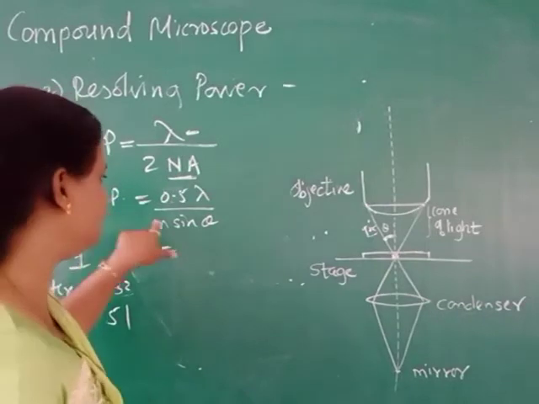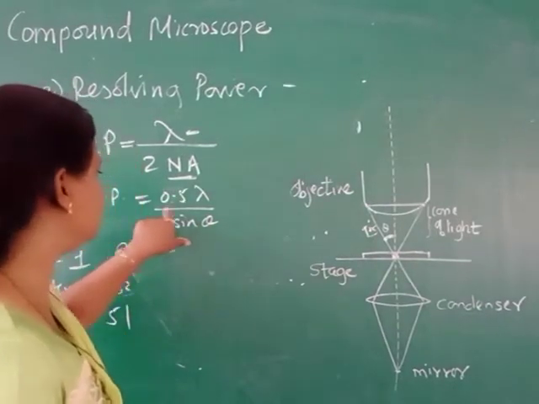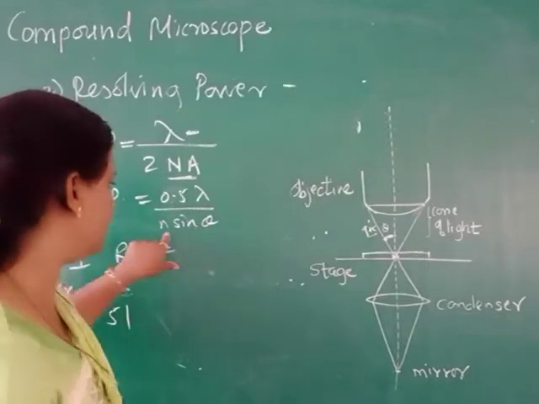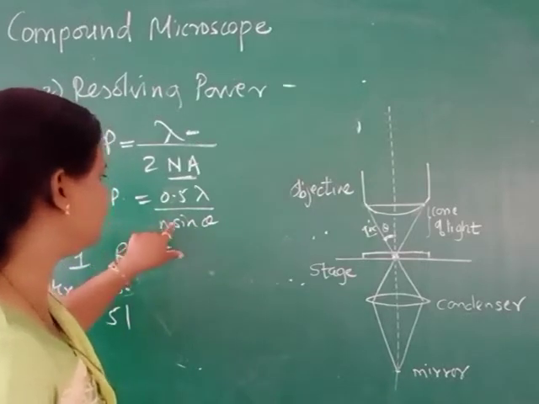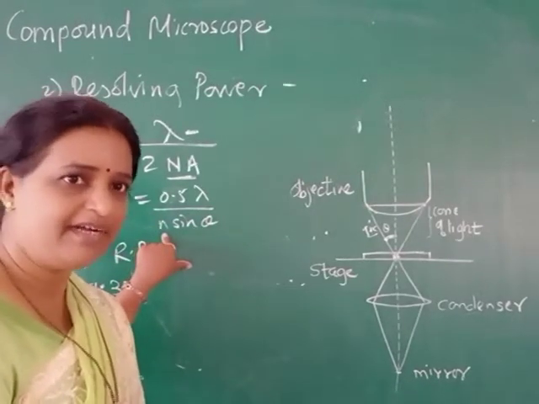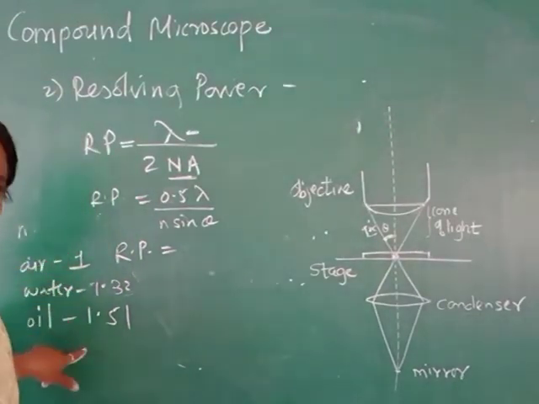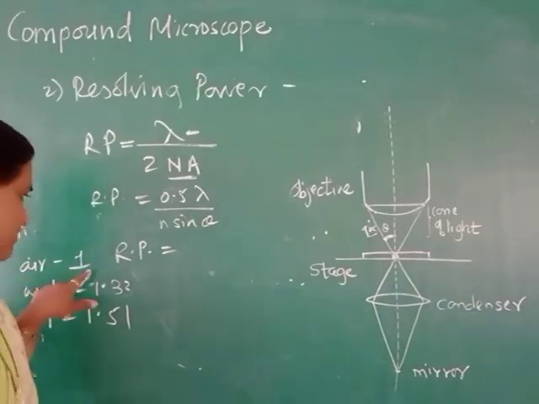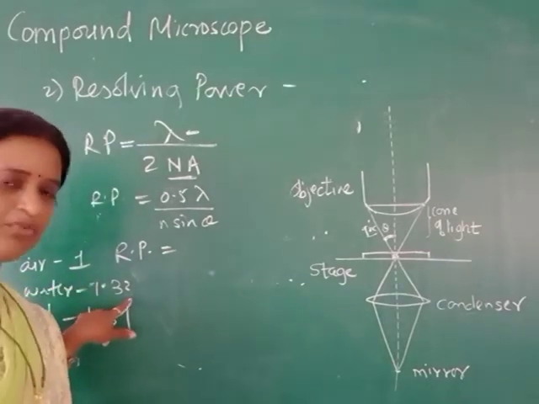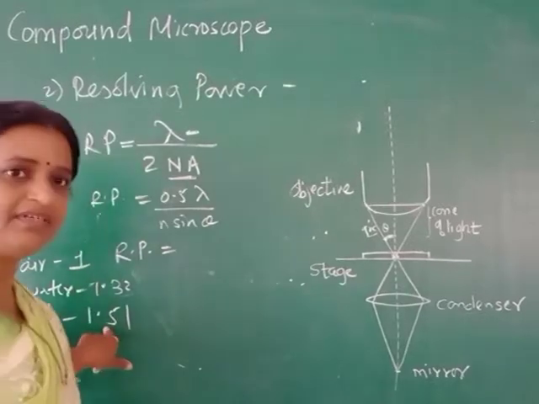We cannot change sin theta; the only possibility is to increase n, the refractive index of the medium. As I told, we can use three media: air, water and oil. Air has refractive index 1, water has 1.33, oil has 1.51.